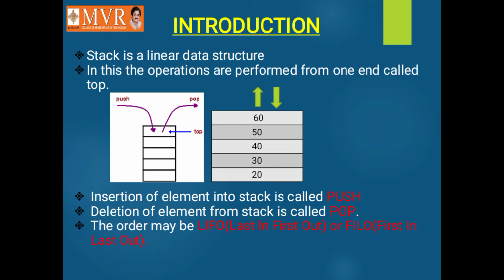And in linear data structures we have four types, that is arrays, linked lists, stacks and queues. Okay. In a stack, the operations are performed from one end, that is the top. That is, the insertion and deletion operations in a stack are performed from the top of the stack.